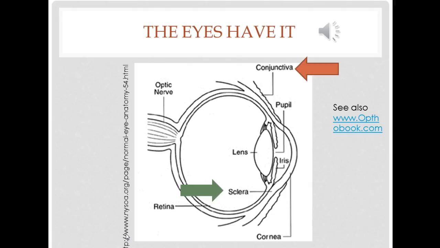The iris, which is the colored part of the eye, sits behind the anterior chamber and further behind the cornea. The cornea is the clear, almost plastic-like covering that covers the iris.